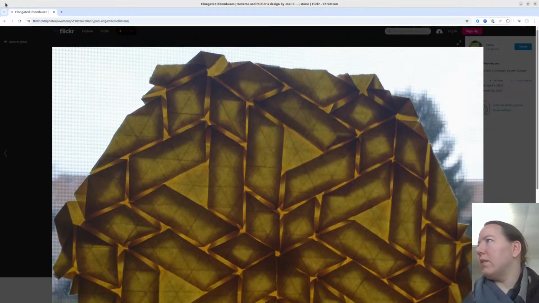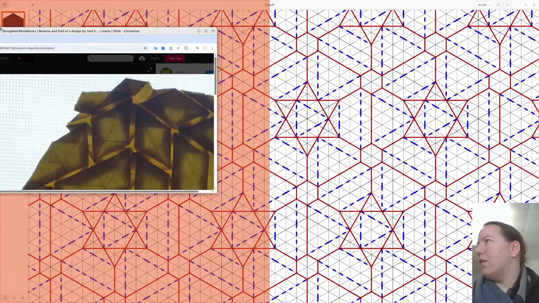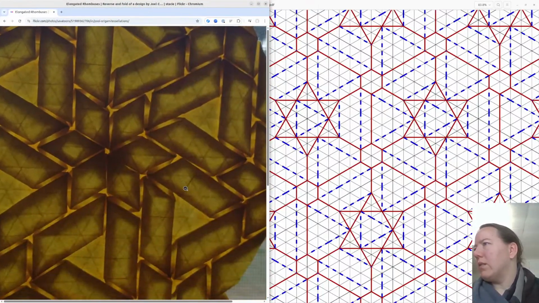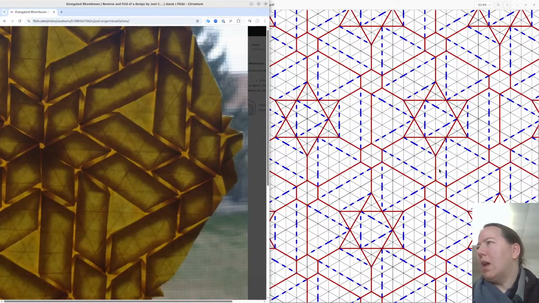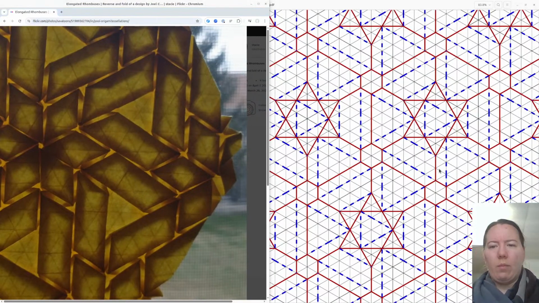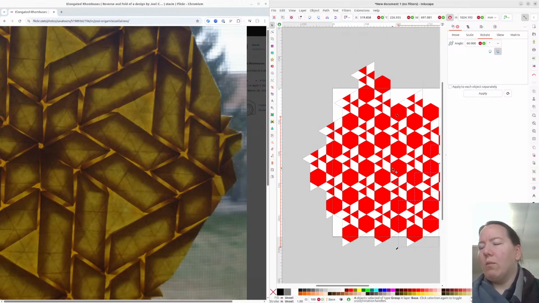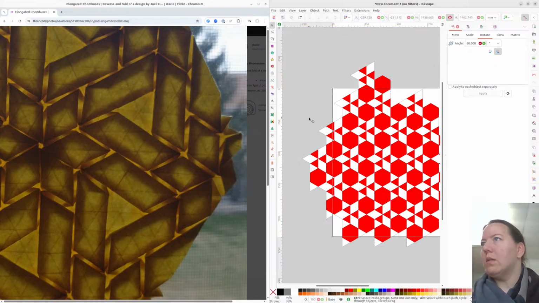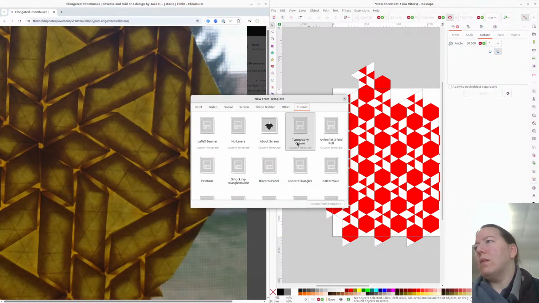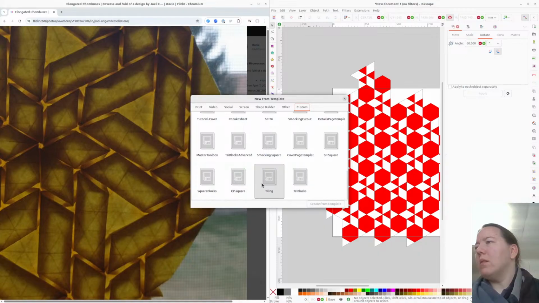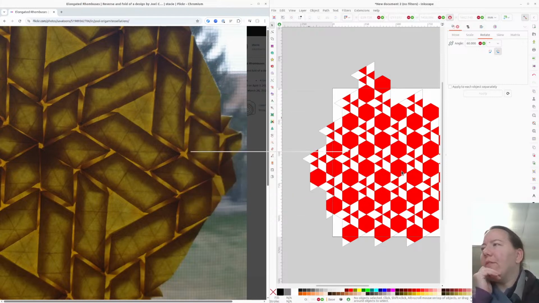Let's stick this over here and bring up our tiling workbench. And I'm actually going to bring up a new one, just to have fresh shapes.